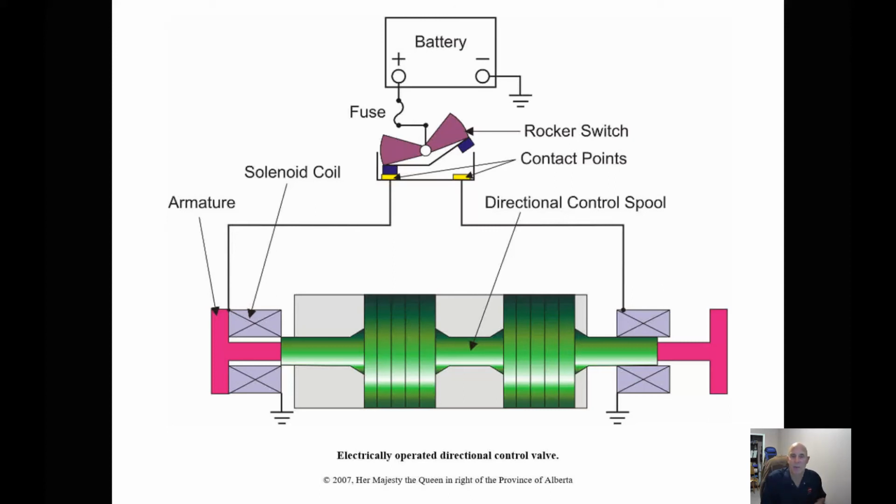We cannot vary them, and we're going to talk about how to vary electricity using pulse width modulation. But at this point, these ones are just on and off. If we push the rocker one way, it energizes the coil with 12 volts. If we rock it the other way, it energizes the other one. Or we can have it in the middle where it energizes nothing.